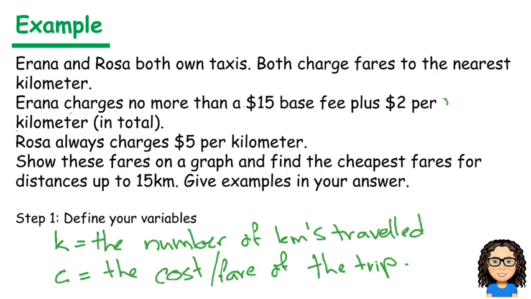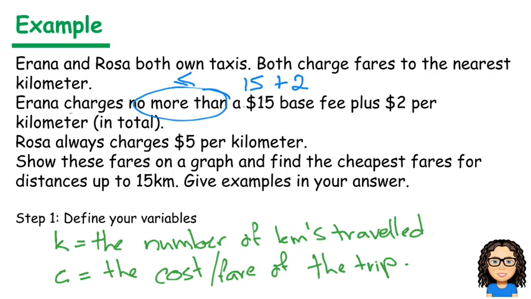Okay, so we want to look at each of these sentences and say, right, Arana, what do we know about Arana? She charges no more than. Now, in inequalities, no more than means less than or equal to. So she charges no more than $15 base fee plus $2 per kilometre.